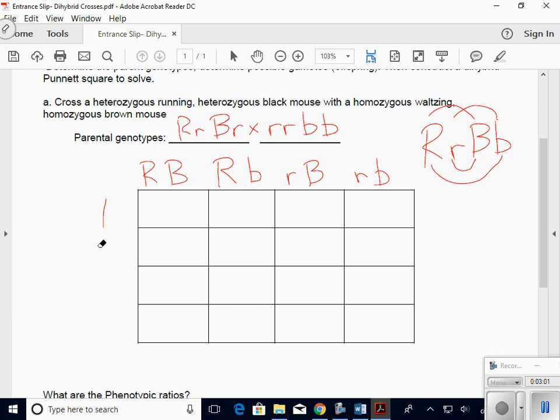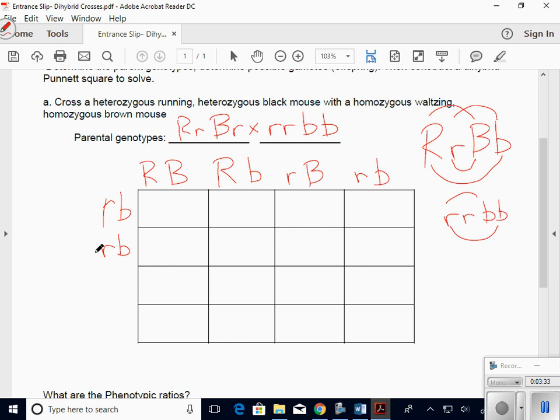Now, I'm going to FOIL my second one, which is little r, little r, little b, little b. First is little r, little b. Outside is little r, little b.